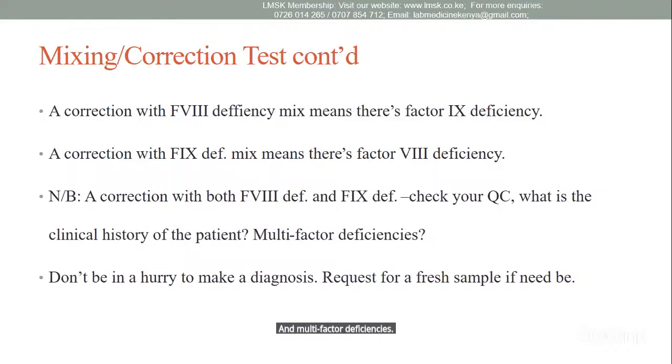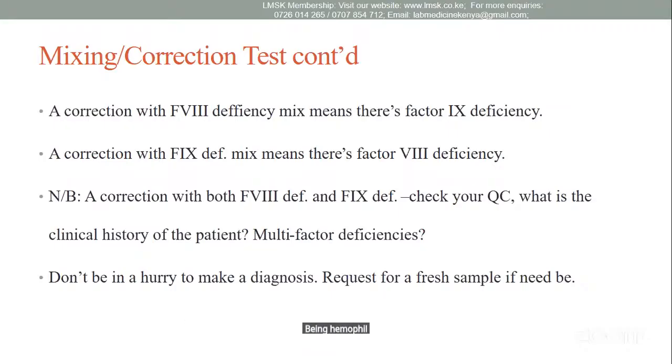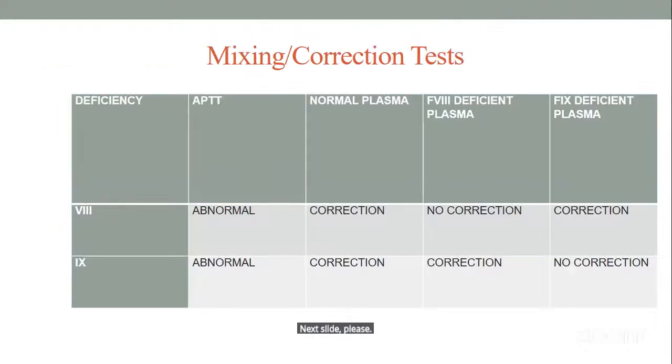Why is this point important? So many people classify patients as being hemophilic, yet they are not. So you have to check your QCs. Don't be in a hurry to make a diagnosis. Request a fresh sample if you find there is a problem. Next slide, please. This is just now a pictorial. We have deficiency of factor 8 and factor 9.